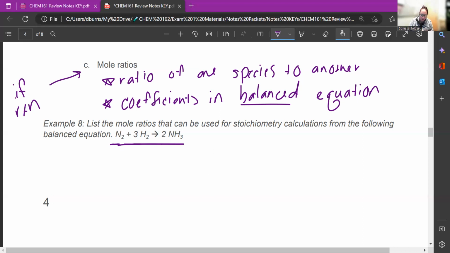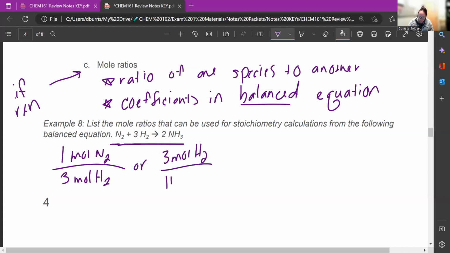For example, I'm not going to put all these down, but 1 mole of N2 would go to 3 moles of H2, or remember these are conversion factors, so you can write them upside down: 3 moles of H2 over 1 mole of N2. That is an example of a ratio you could use in a stoichiometry problem.